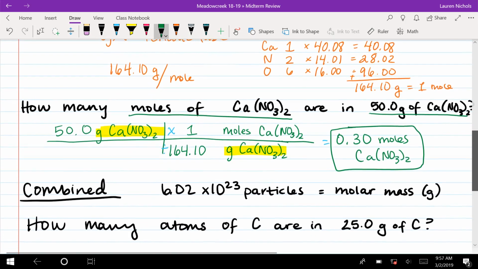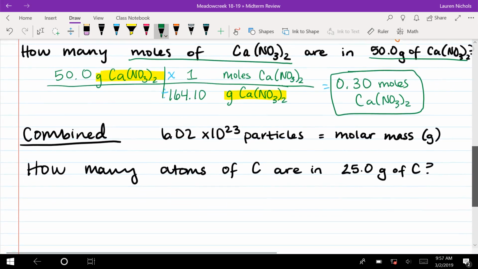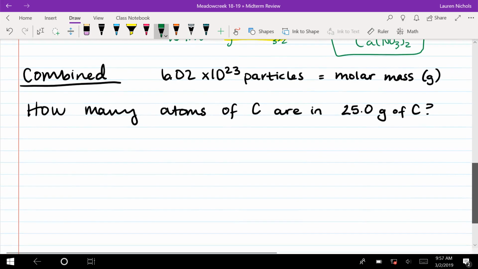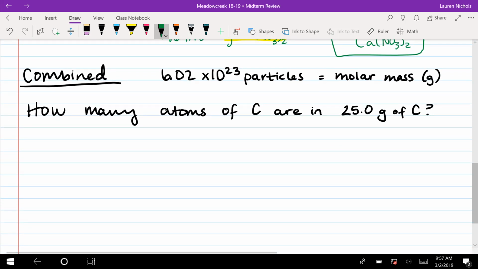Now we can also combine it, right, where we have Avogadro's number and molar mass. So for example, in this question, it says how many atoms of carbon are in 25 grams of carbon. Now, again, because I'm talking about carbon the entire time, I know it's a one-step problem.